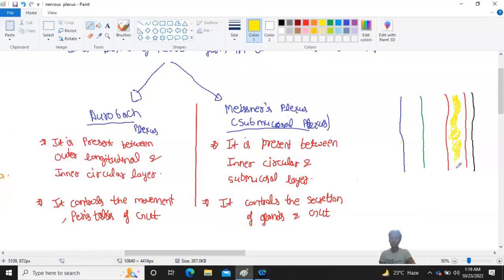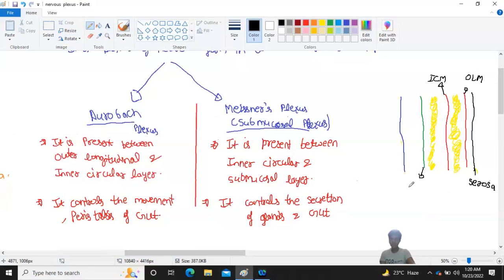And one plexus is present here. This is Meissner's plexus. Let's do the naming first. Serosa, outer longitudinal muscle, inner circular muscle.